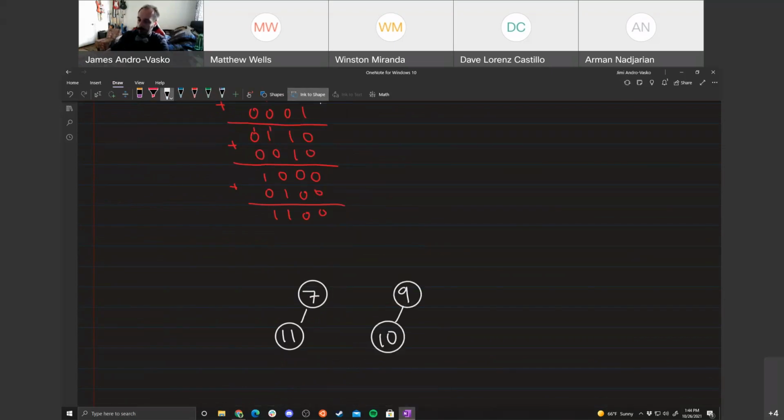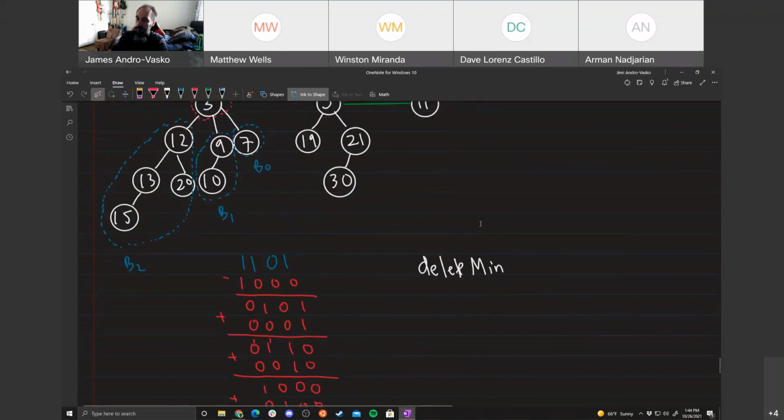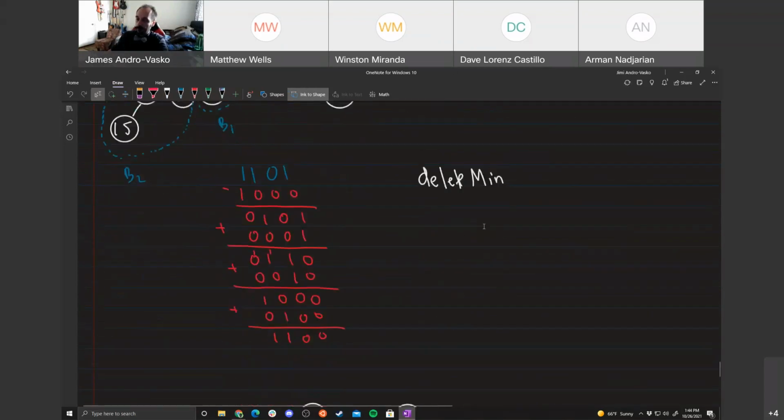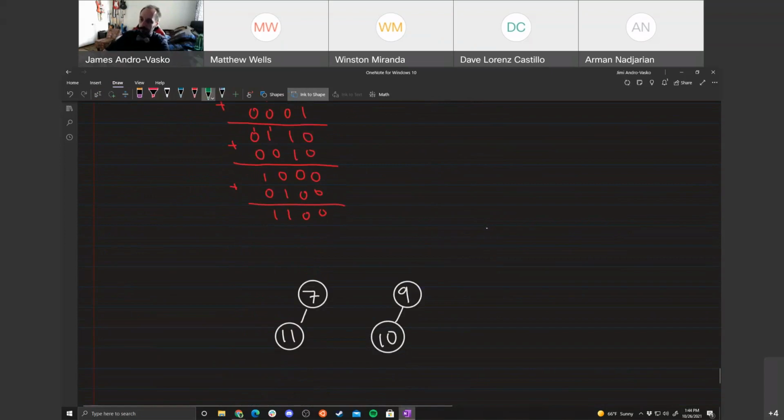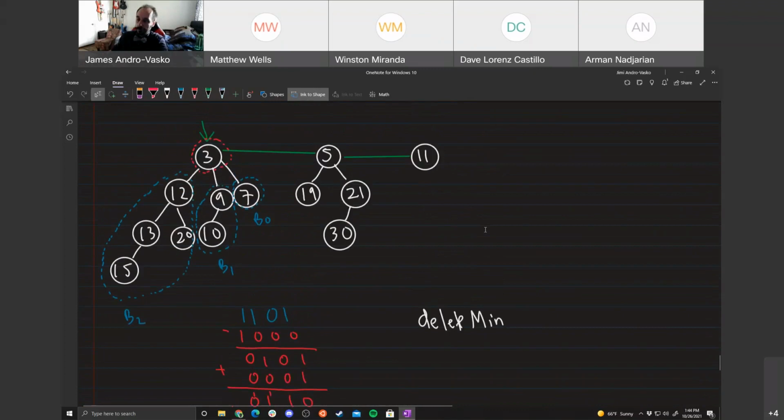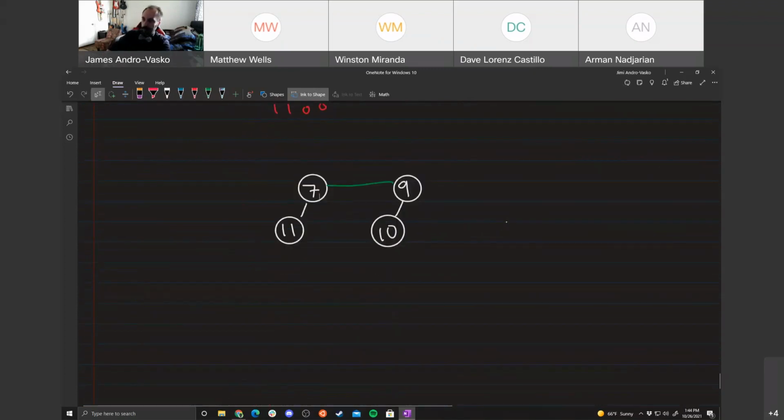Righty. And then we have these linked together currently. And then we're going to have to merge these. So I'll redraw this, I'll copy this. We're going to merge them now to create this structure.